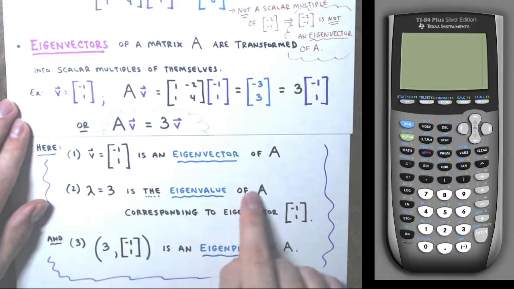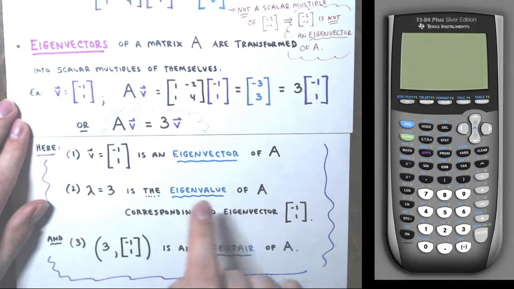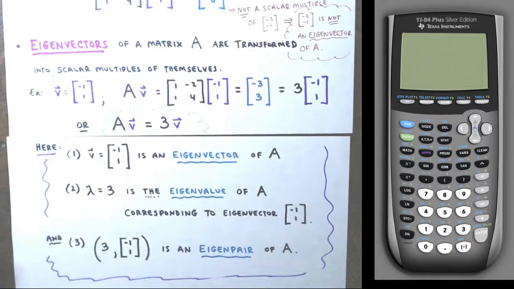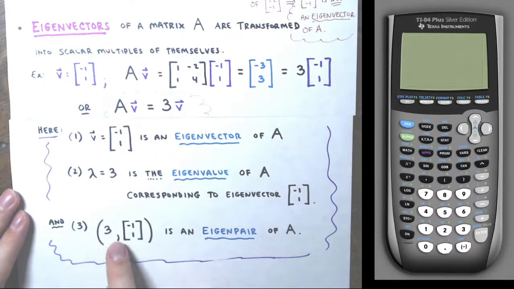And when I say this, that means if I multiply A by this vector, I'm going to get 3 times that vector as an output, as a result.